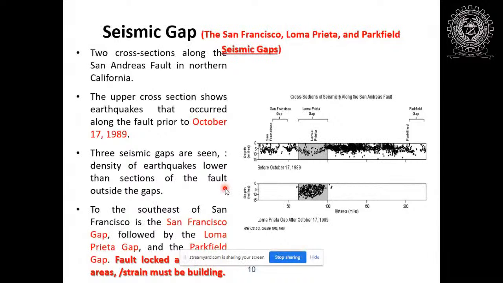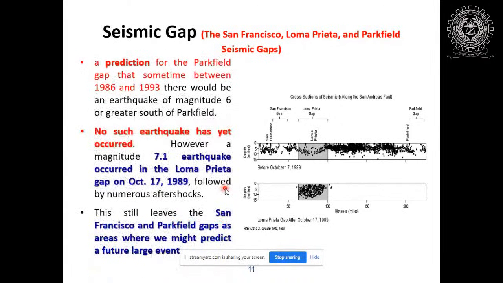We know that seismologists in California have estimated, we may say predicted, for the Parkfield gap that sometime between 86 and 93, a magnitude 6 or above may occur in Parkfield.